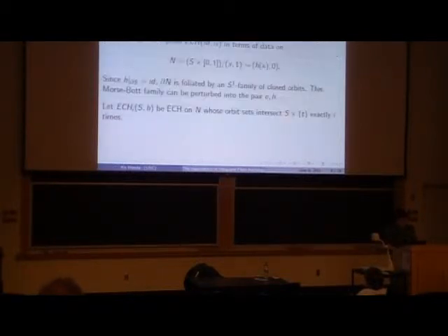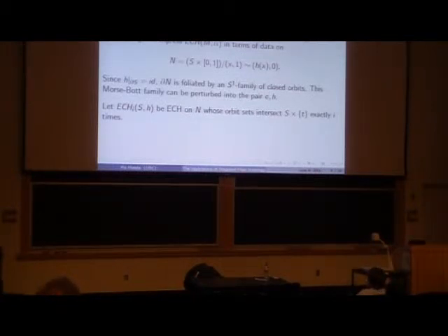So, strangely enough, there's currently no direct proof that ECH is a topological invariant. That is not to say there aren't clear ways to attack this problem, but you run into problems of multiply covered holomorphic curves and exactly how to count them. So the problem is really technical rather than not having a vision to do it.